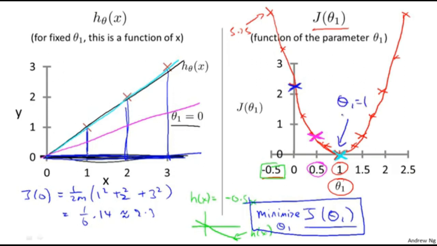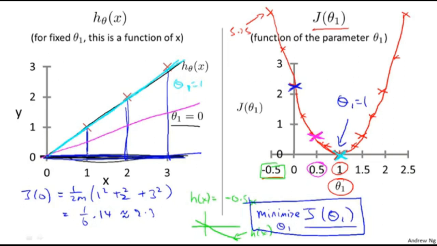And lo and behold, that is indeed the best possible straight line fit through our data. By setting theta 1 equals 1, for this particular training set, we actually end up fitting it perfectly. And that's why minimizing J of theta 1 corresponds to finding a straight line that fits the data well.